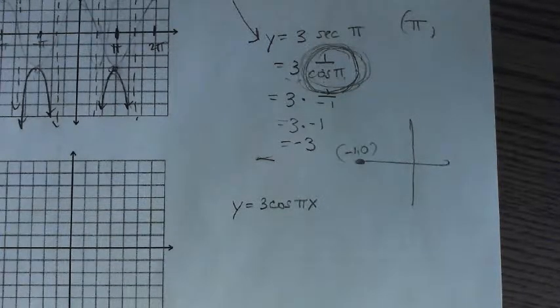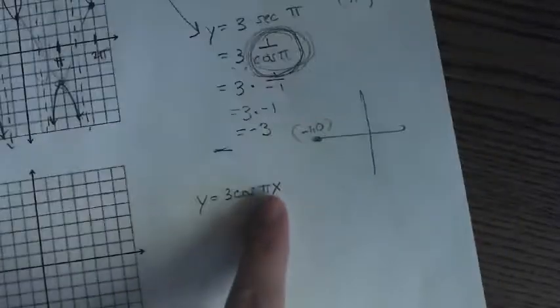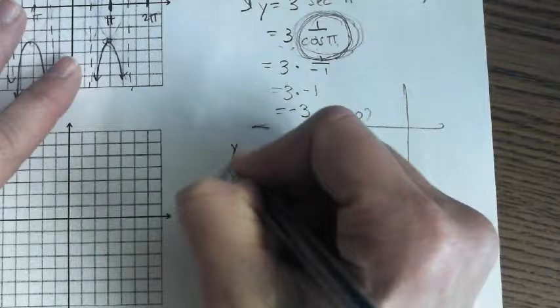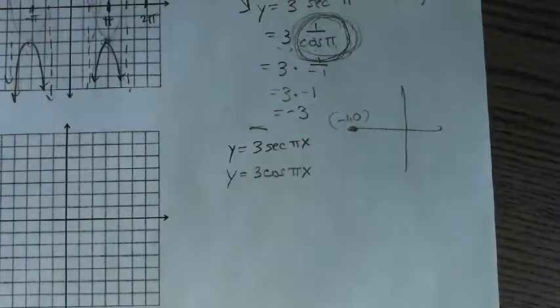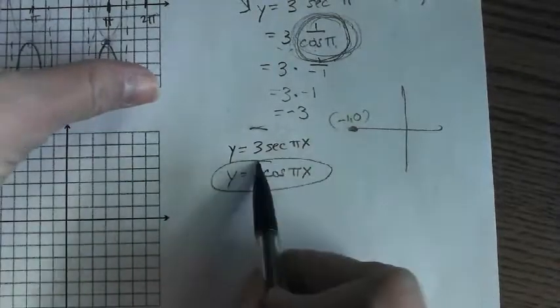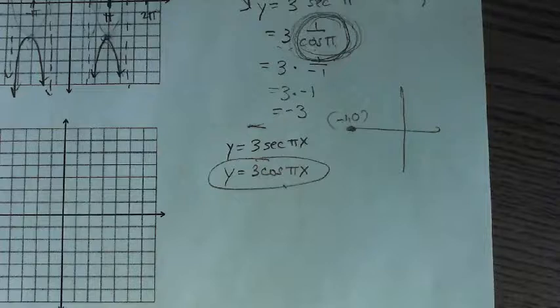I don't think they would ever do that. If you want the secant relative to that, you would just graph this. What they would technically be asking you would be to graph the secant of pi x, 3 times the secant of pi x. And still you would graph this, and then you would just bounce off your maxes and mins. Okay?